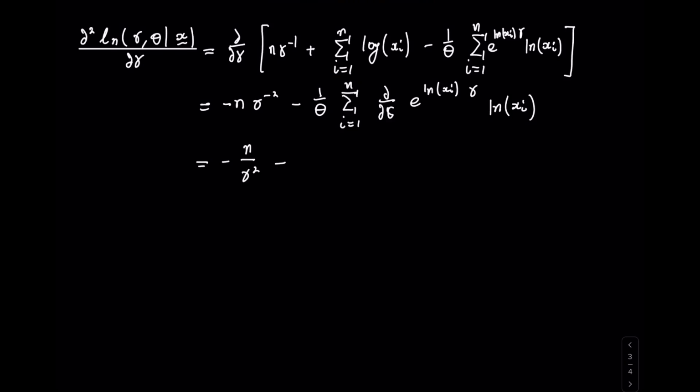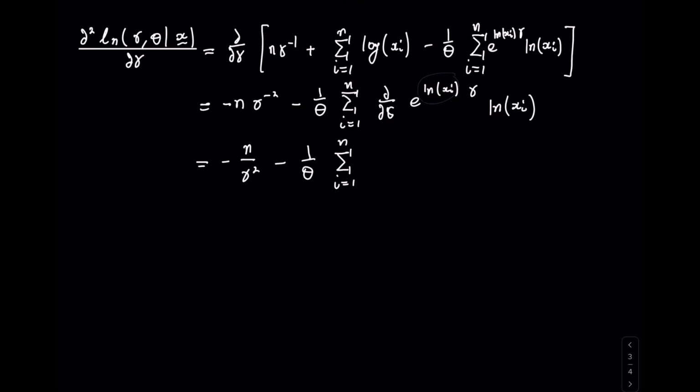The second term here, 1 on theta, sum i equals 1 to n. Similarly to before, the scaling factor needs to come in front when you differentiate an exponential.